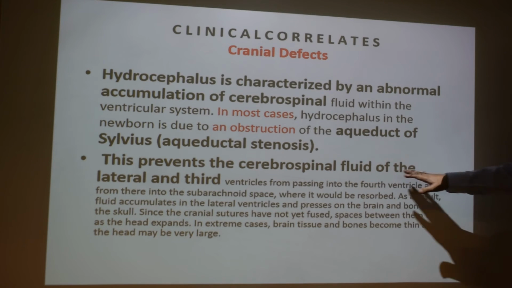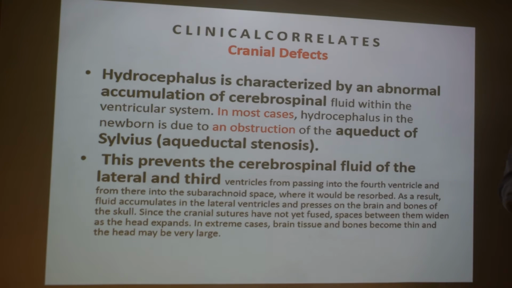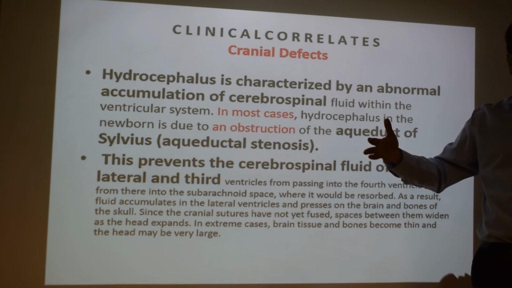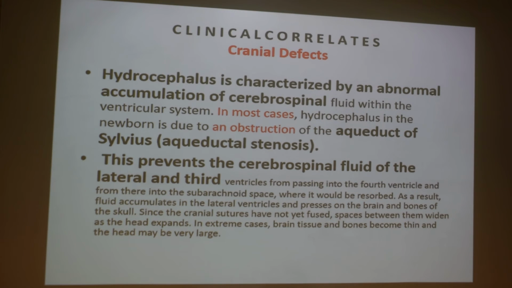This prevents the cerebrospinal fluid from passing from the lateral and third ventricles to the fourth ventricle, and you know that the CSF goes into the subarachnoid space through the openings called the foramina of Luschka and Magendie. If it cannot go to the fourth ventricle, it cannot go into the subarachnoid space and be absorbed. Usually you would see large lateral ventricles and a large third ventricle. This is the most common congenital abnormality you see in hydrocephalus.